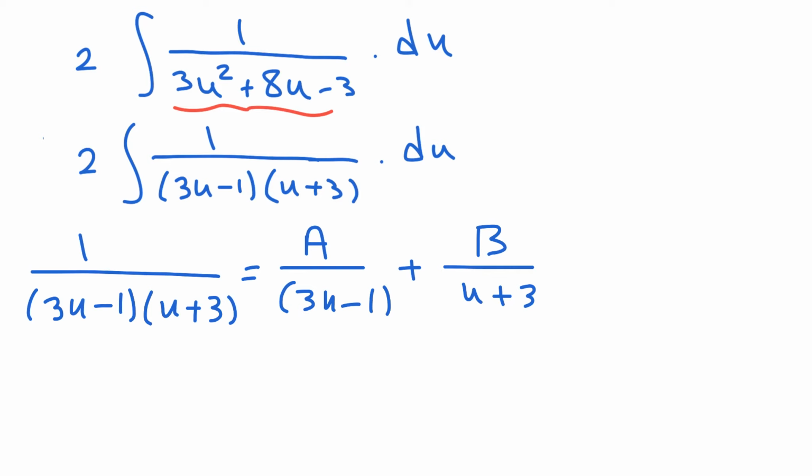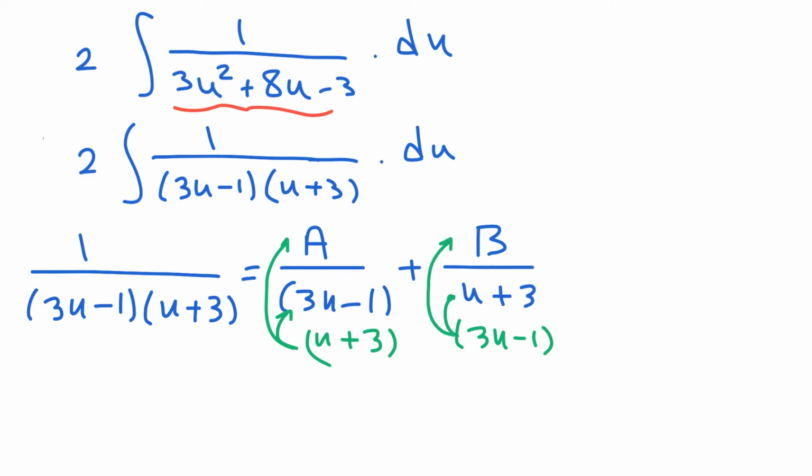Now I'm going to make the denominator the same, so multiply by u plus 3 here and 3u minus 1 in the second fraction, and you must multiply up and down, the numerator and the denominator as well.